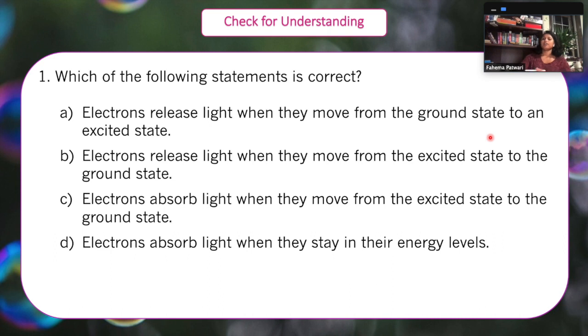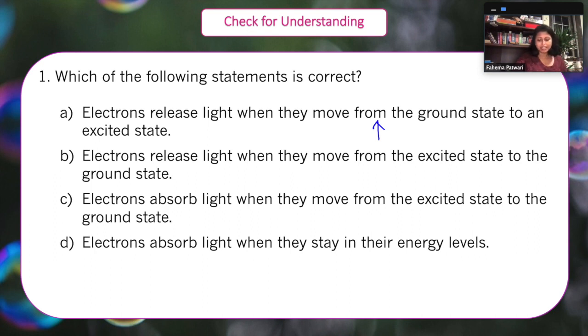Okay, so answering this question, which of the following statements is correct? All right, so electrons release light when they move from the ground state to an excited state. Let's think about this for a second. If they're moving from the ground state up, are they gaining energy or are they losing energy?